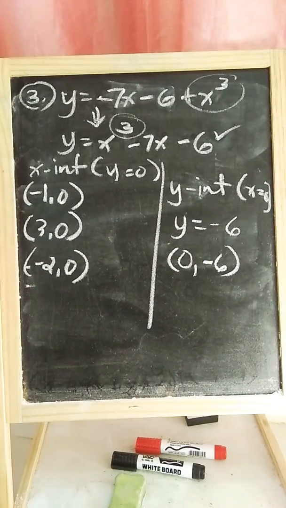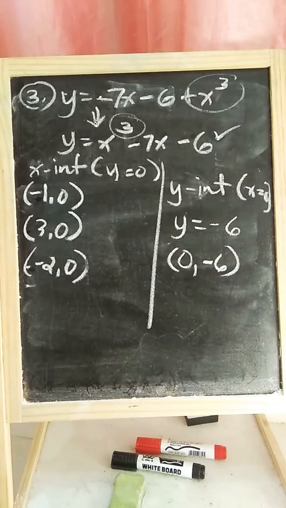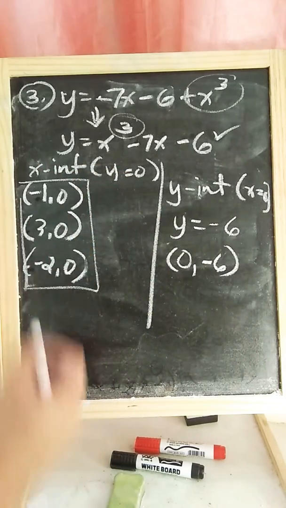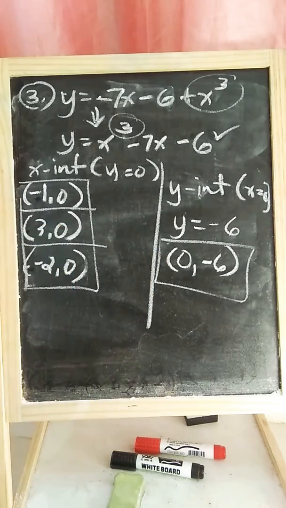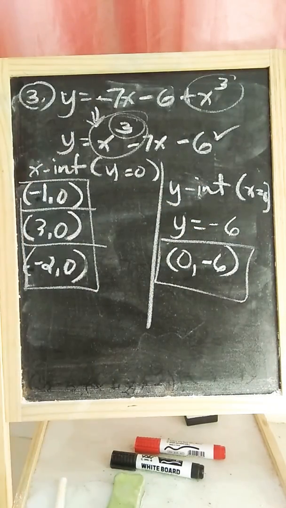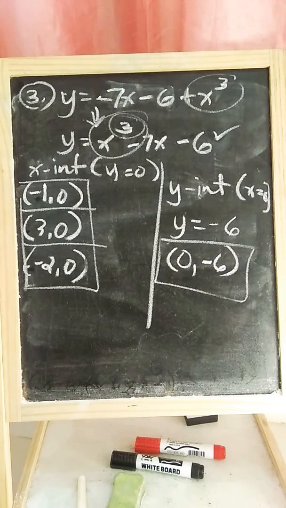So, once you drop this particular function, it contains all those 4 points: 3 x-intercepts and 1 y-intercept. Laging mag-isa lang si y-intercept. Si x-intercept, depende sa degree ng function.